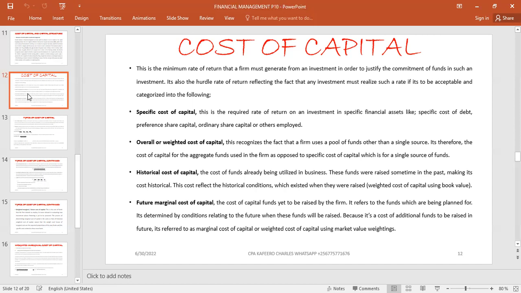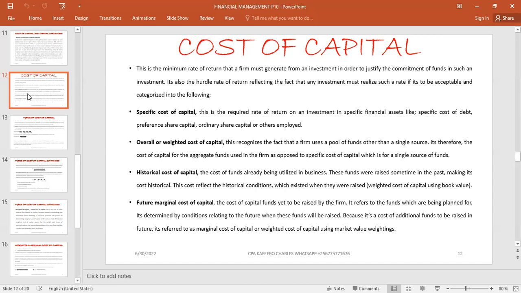Here, what we mean is that we are looking at the total combination. You may find that in an organization, we have used debt and equity. We have got money from the shareholders or the owners of the business, and we have also added extra money from borrowed loans or the loans from financial institutions.